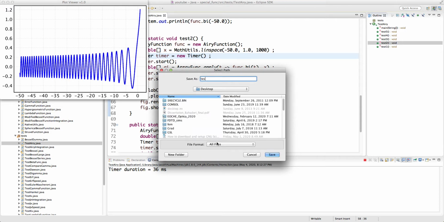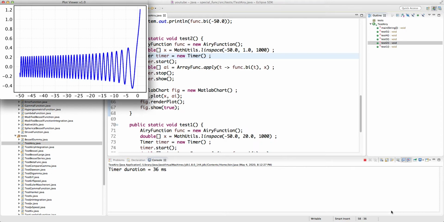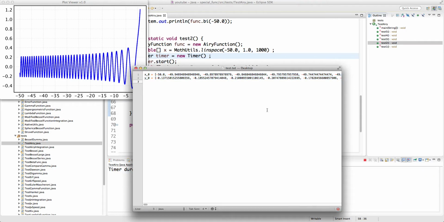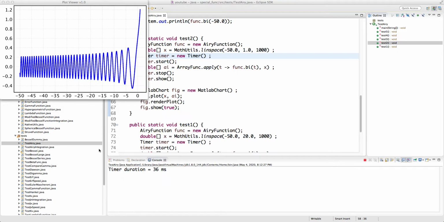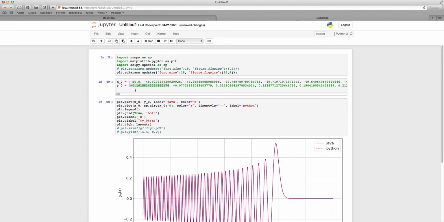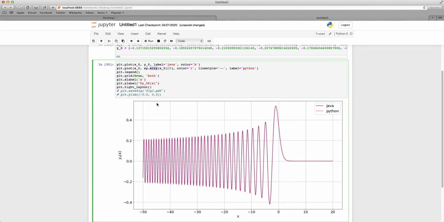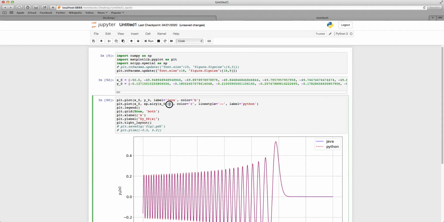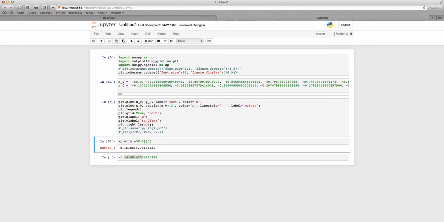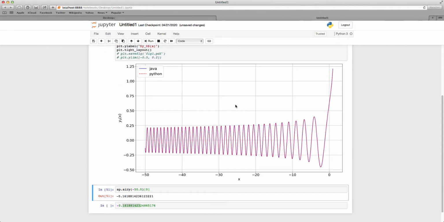We can also export these to Python, open in the text file, copy, and then paste them here in the Jupyter notebook. So this Airy function in scipy special returns an array of Ai, Ai prime, Bi, Bi prime. So I have to set this to 2, and as you can see we get a very good fit.